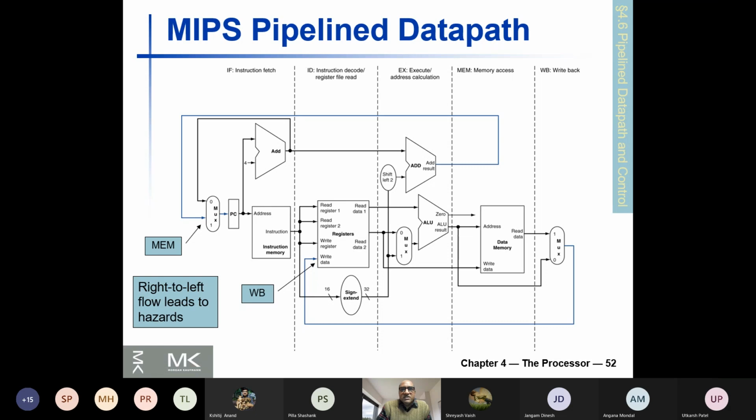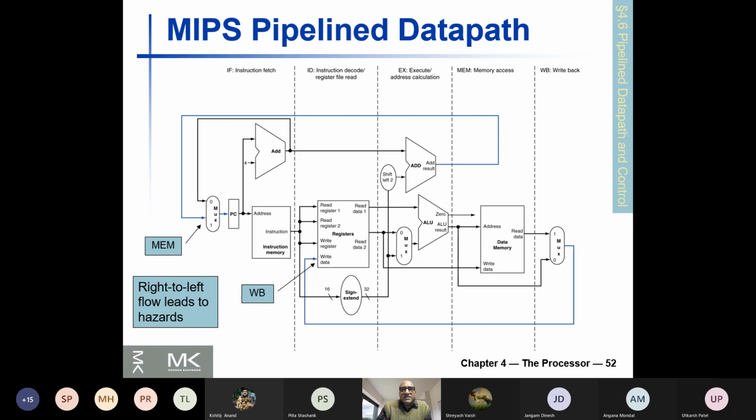Those things we discussed last week, and in that context, we also discussed, at a very generic level, what the problems involved with the pipeline are. As long as the pipeline runs smoothly, with all instructions following sequentially one after another, there won't be any problem. But there are issues like data hazards, where there is some dependency between successive instructions.